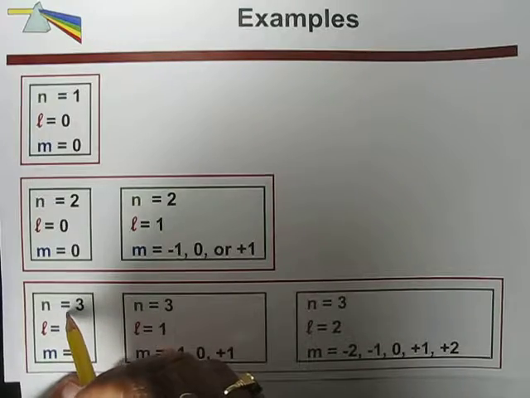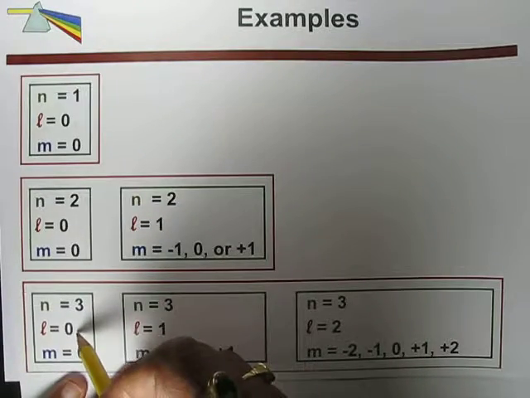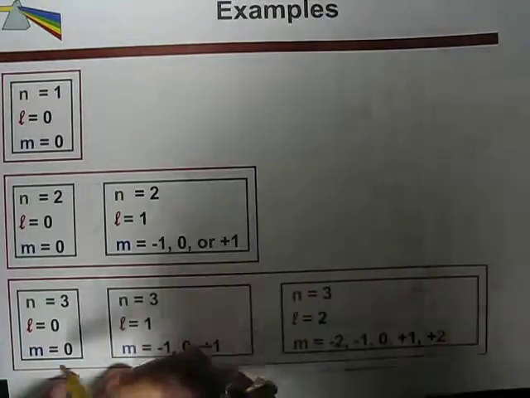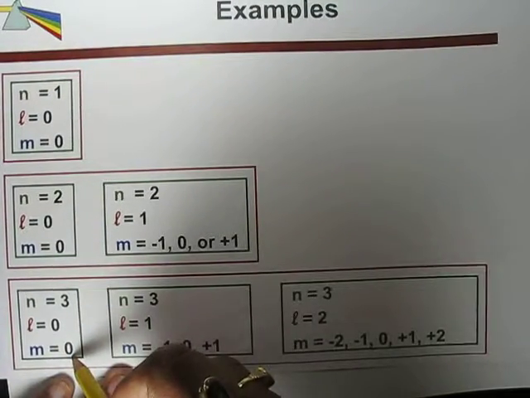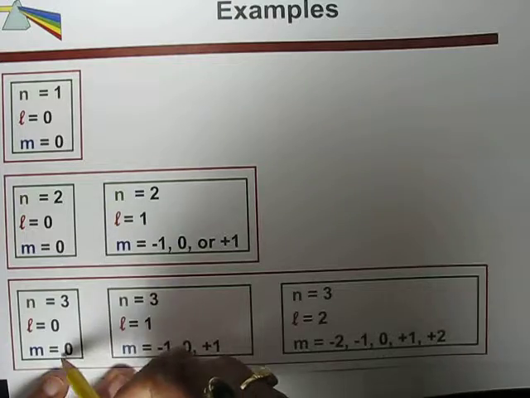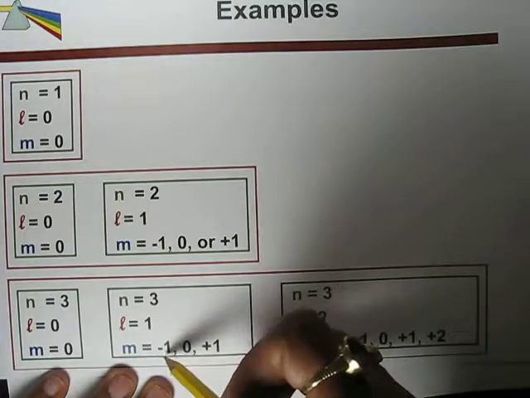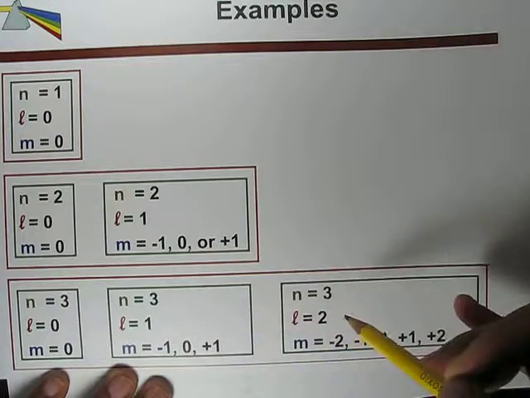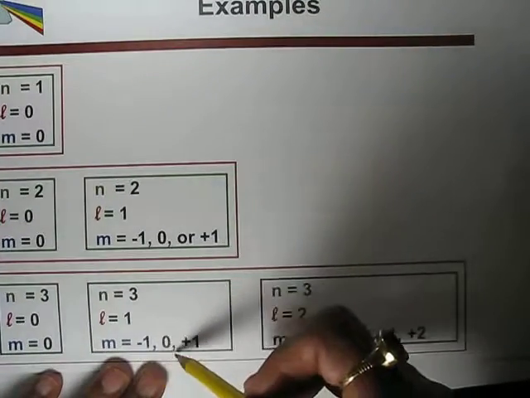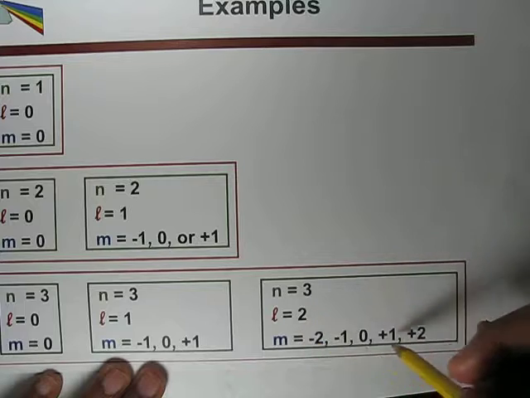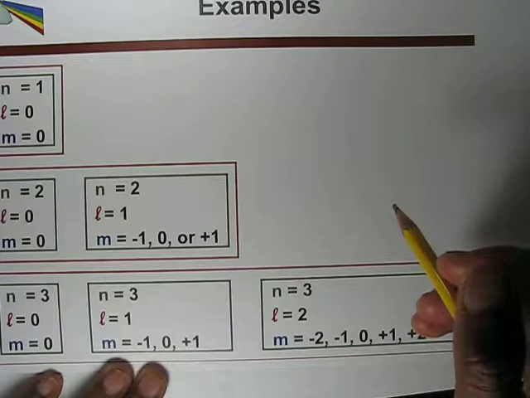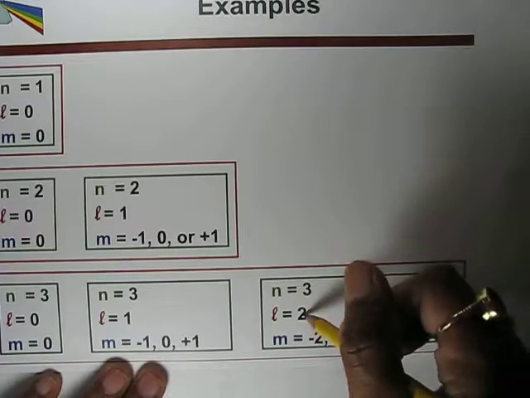And for small n equal to 3, small l will have 3 values, 0, 1, and 2, and then each has its subshell: 0, then plus 1, 0, and minus 1, and then 0 and plus 1, and so on for the angular quantum number p.